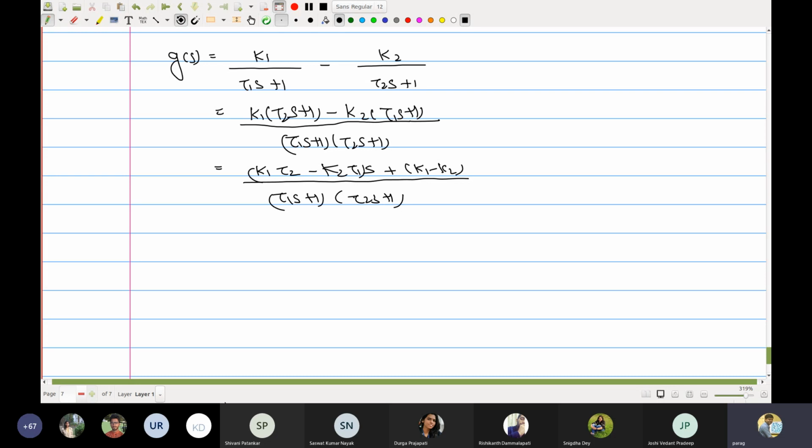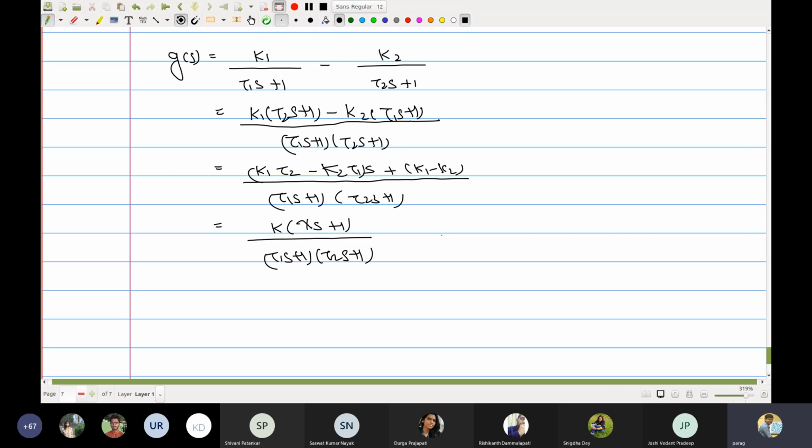Okay, and therefore I can see this overall transfer function as a transfer function of the form K psi s plus 1 divided by tau 1 s plus 1 times tau 2 s plus 1. Okay, have we seen this transfer function before? Yes, we have seen this transfer function before.